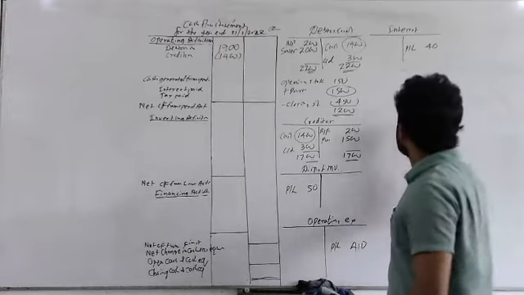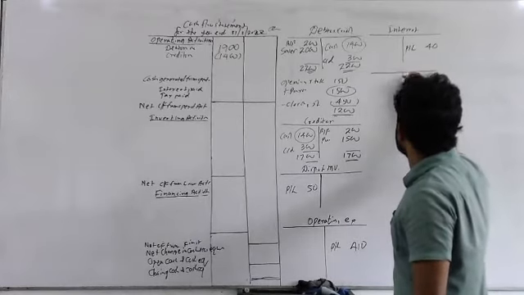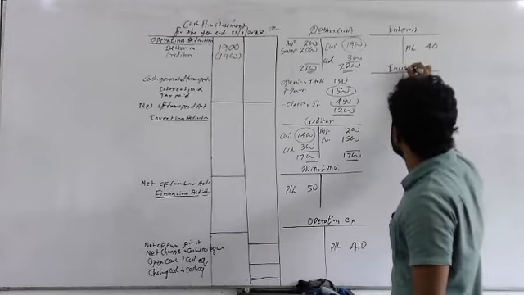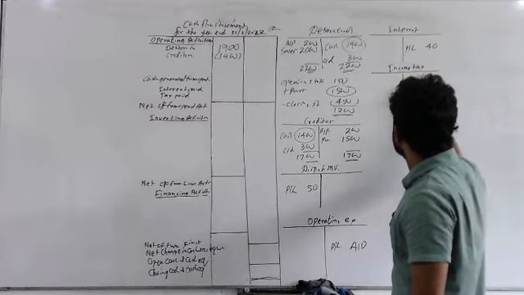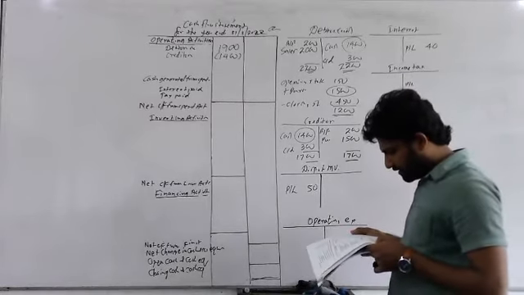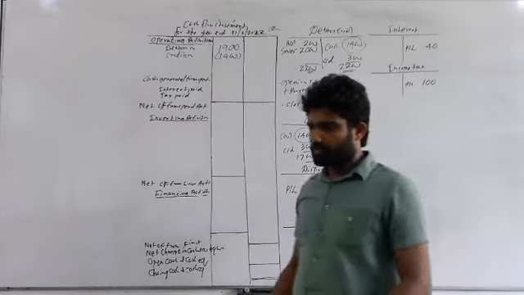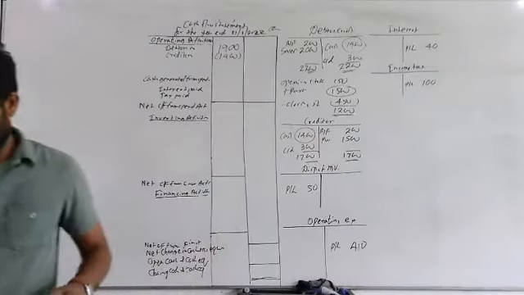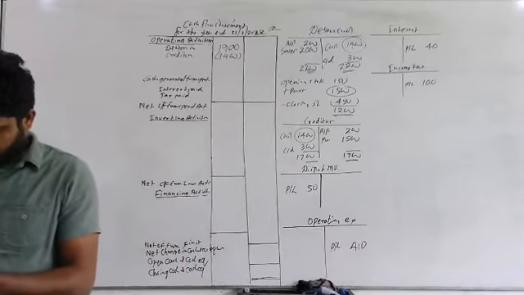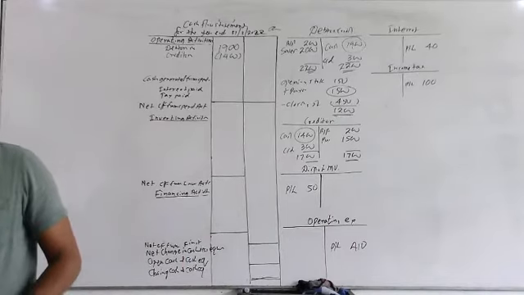Income tax for the year 100, for that also you want the income tax account. Transfer this 100 to profit and loss. Next one. Right, then.